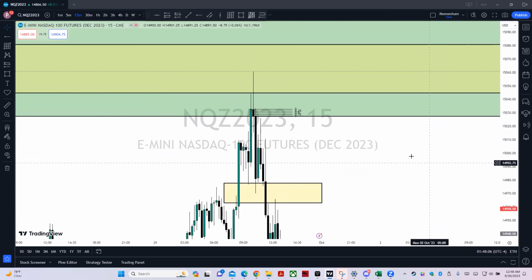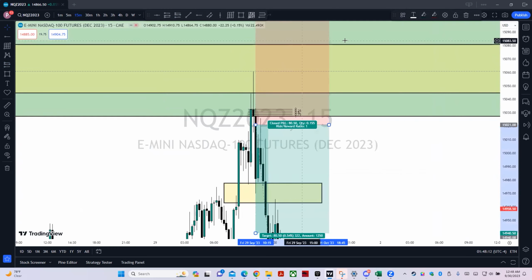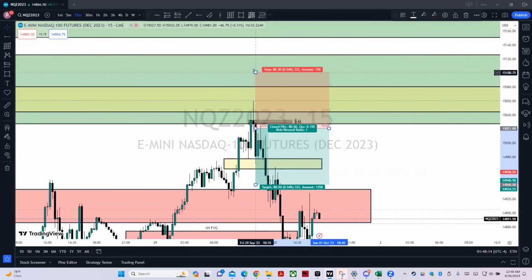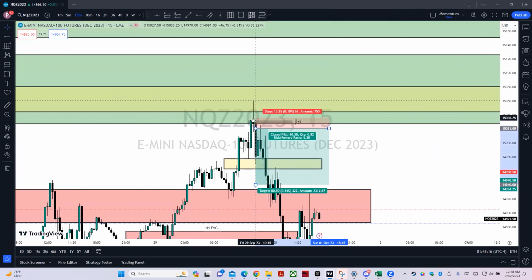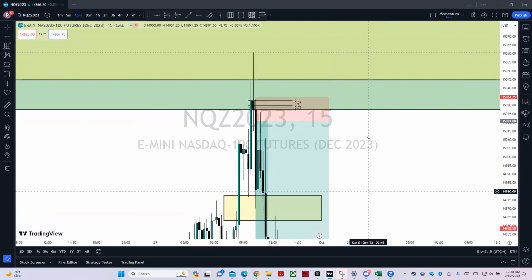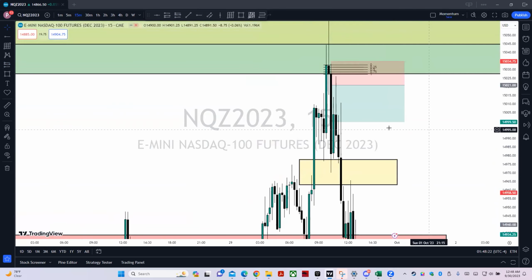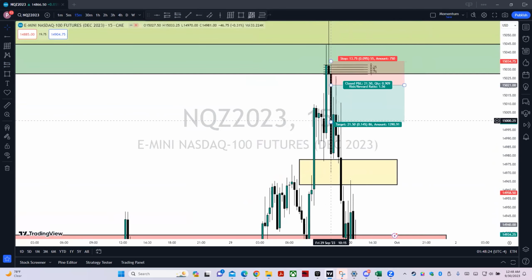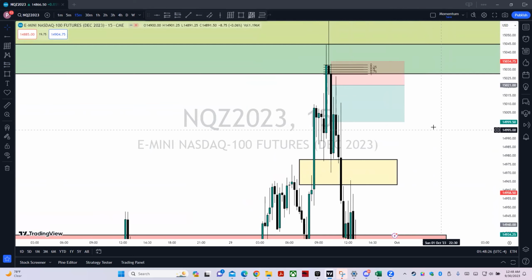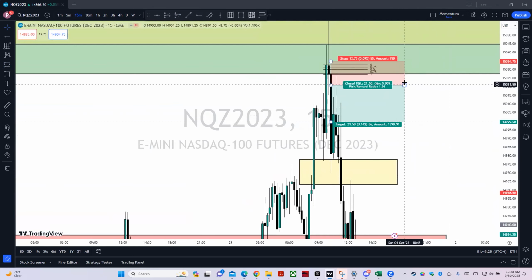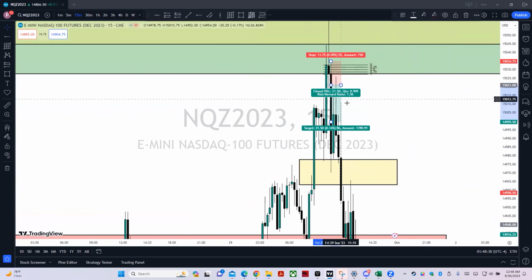Now, I did catch this to the downside. I did not enter in here exactly, but I caught this. Again, we talk about learning to hold and hold and hold. I went in with a higher amount, higher leveraged account. I was in with 5 minis, and we caught some bars.